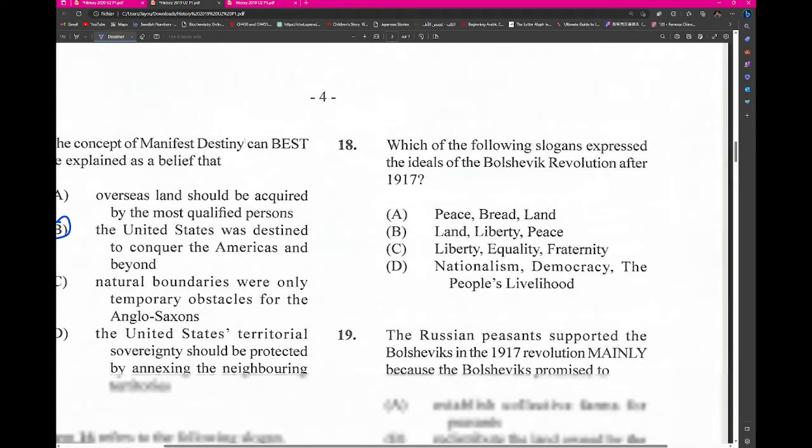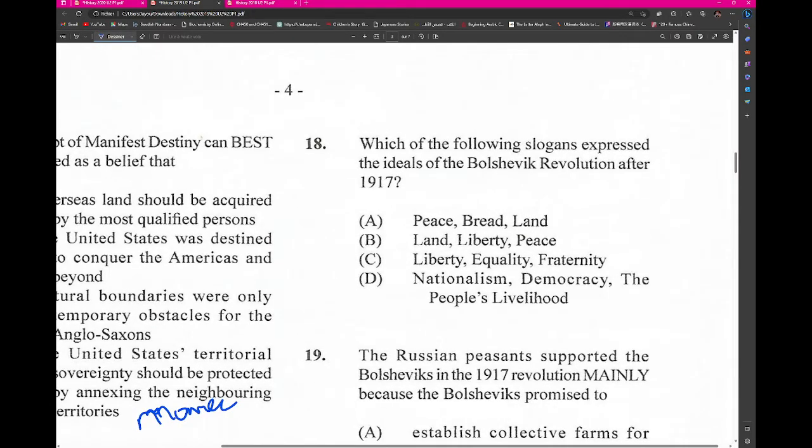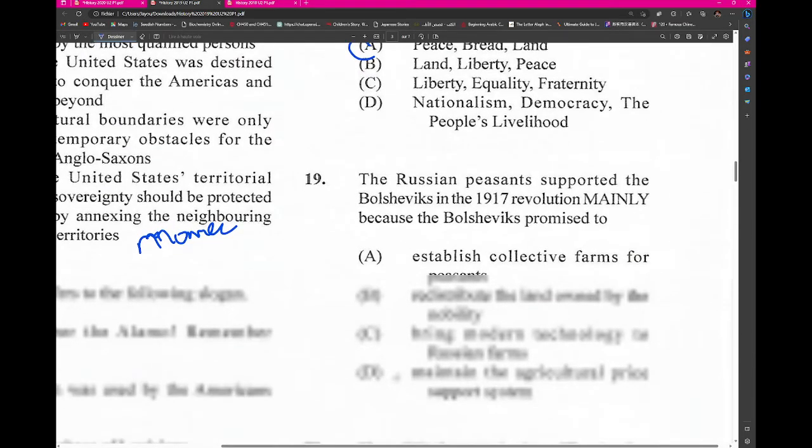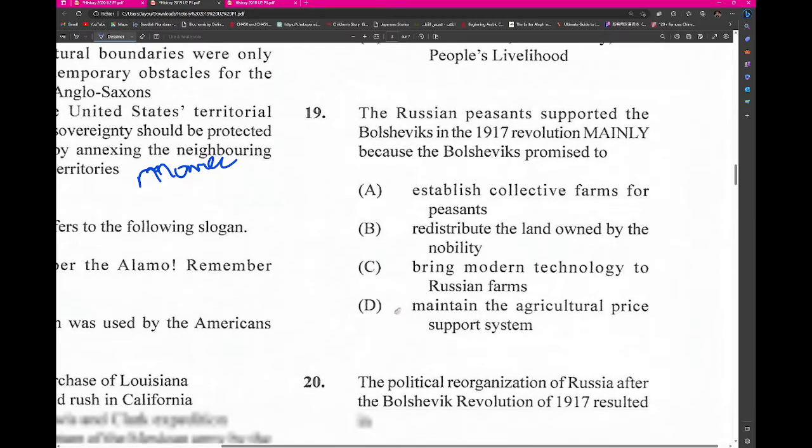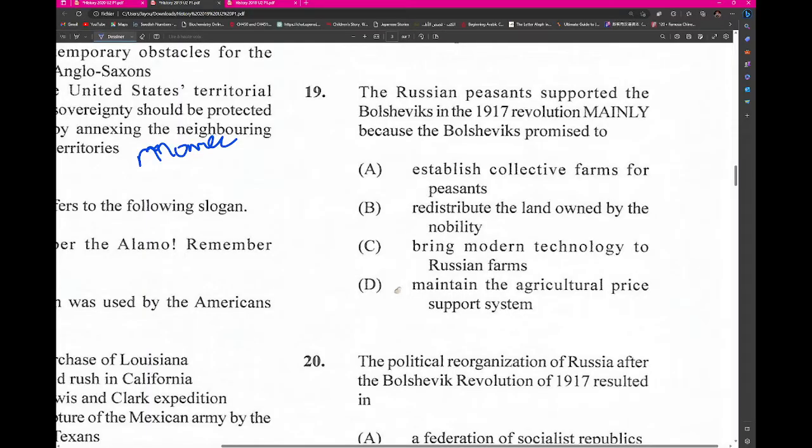18. Which of the following slogans expressed the ideals of the Bolshevik Revolution after 1917, right? Would be peace, bread, land. The Russian peasants supported the Bolsheviks in the 1917 revolution mainly because the Bolsheviks promised to, let me see, collective funds for the peasants, redistribute land, maintain agricultural price and support system.